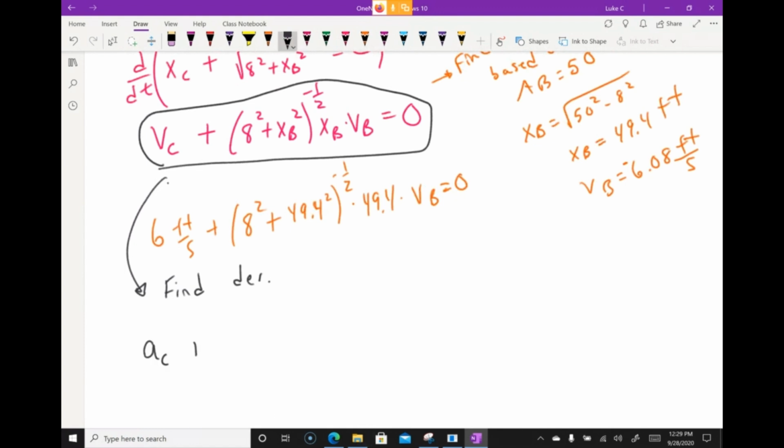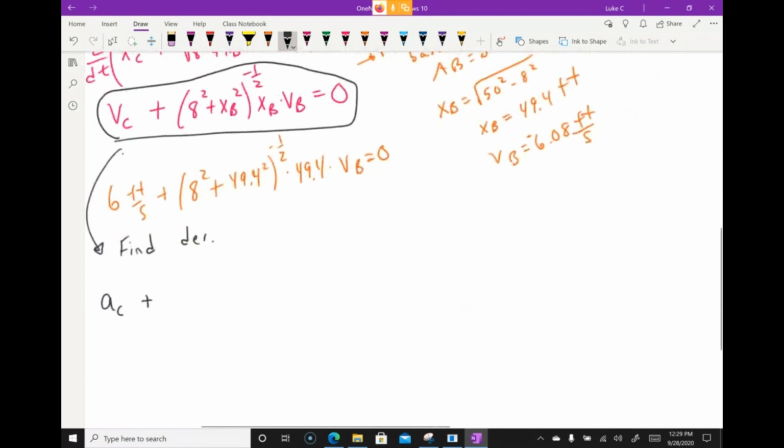That's AC plus. This next term is the tricky part. Why? Because there's 3 terms. And I'm going to do it over here. I'm going to call y, again, 8 squared plus xb squared to the minus 1/2.